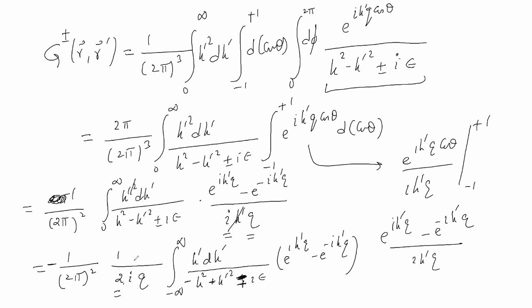If I multiply by i in the numerator and i in the denominator, this will become i square. That means a minus sign from here will cancel with this minus sign, and we will get i in the numerator.